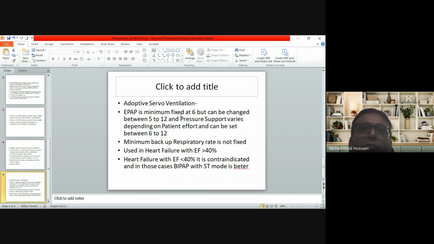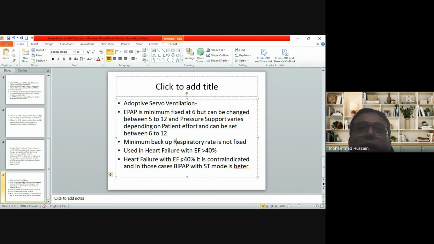Here in adaptive servo ventilation, you can fix EPAP between 5 to 12, and pressure support is also variable between 6 to 12, 14 like that. And what about the minimum backup respiratory rate? That is not fixed. So what is the drawback? Those who have heart failure with ejection fraction greater than 40 will have waxing and waning kind of respiration, so this one works very well.